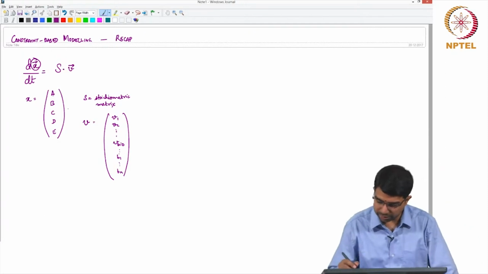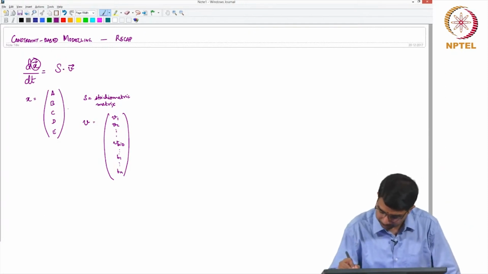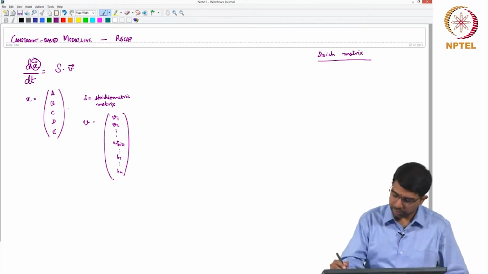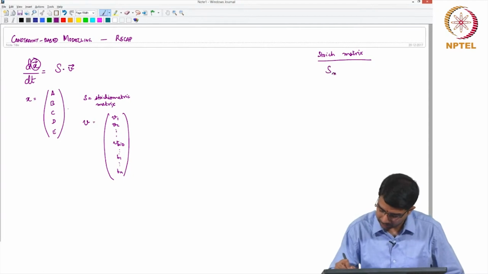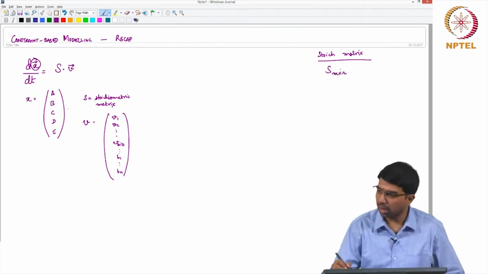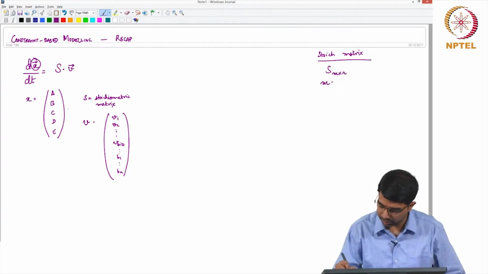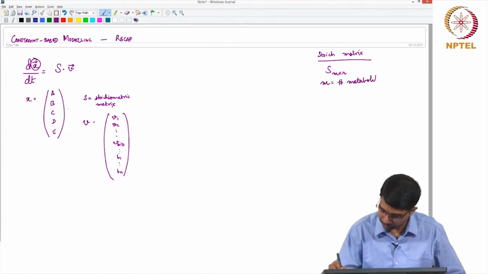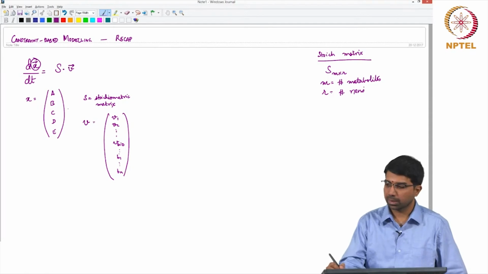So, let us just visit the stoichiometric matrix again. So, this is going to be S, m cross R. M is number of metabolites, R is number of reactions, right.